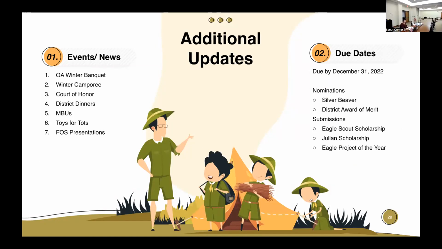We're going to talk about some upcoming events right after the holiday season of Christmas and New Year's. We have the OA Winter Banquet hitting the calendar in early January, January 7th. We end the month of January with a winter camporee hosted by the Lincoln Heritage District. Troop 186, Troop 186G and Troop 130 are hosting a winter camporee at Old Bend.